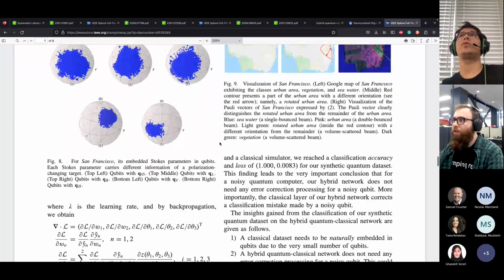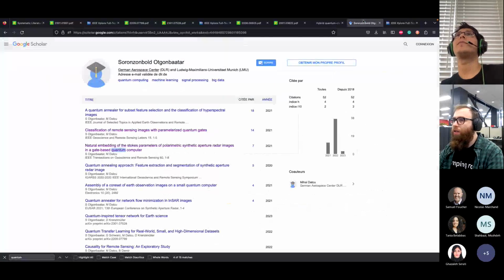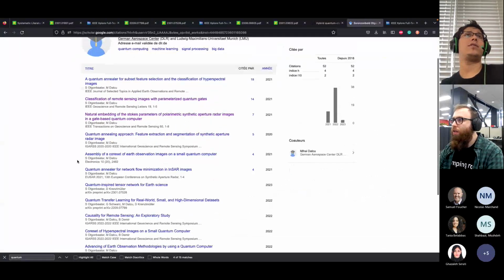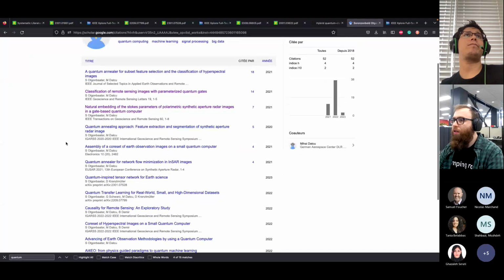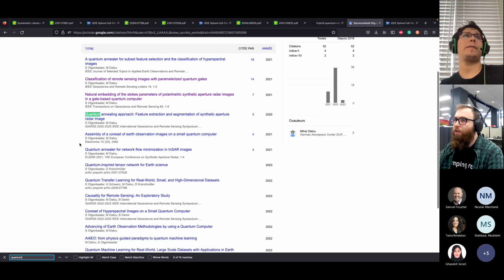So this paper also looks interesting. Let's see. Okay, the third one says quantum annealing, so we will not look at it from the beginning. Look at the next one: Assembly of core set of Earth observation images on a small quantum computer.